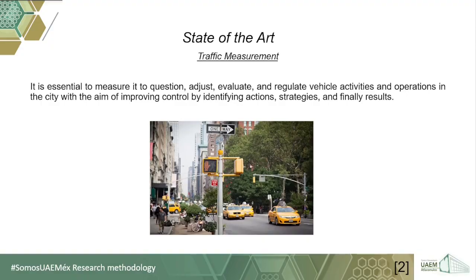So now, traffic measurement. Traffic is essentially measured to question, adjust, evaluate, and regulate vehicle activities and the operation in the city, with the aim of improving control by identifying actions, strategies, and finally results.